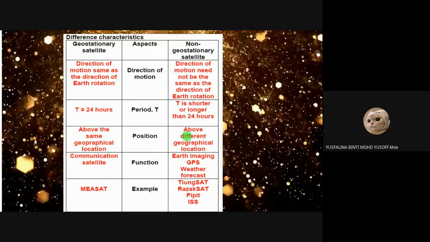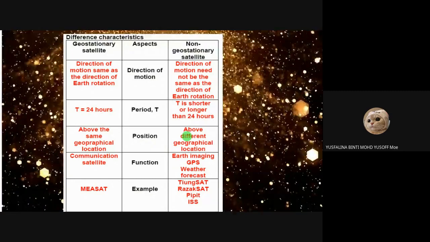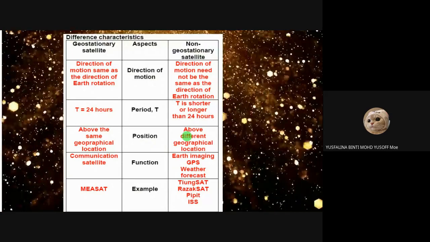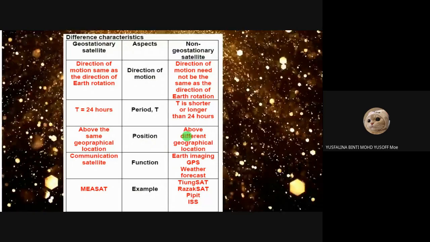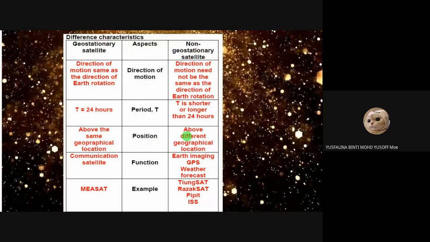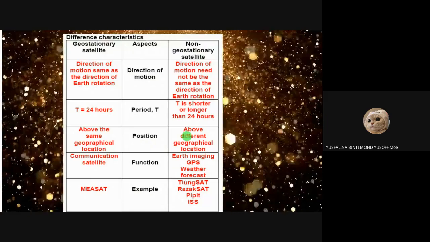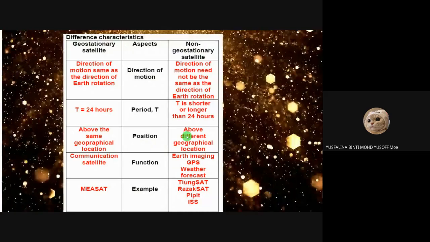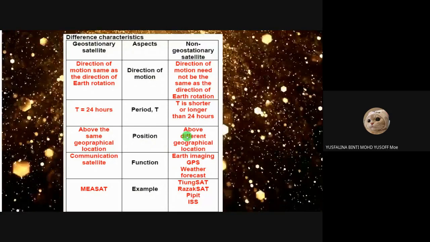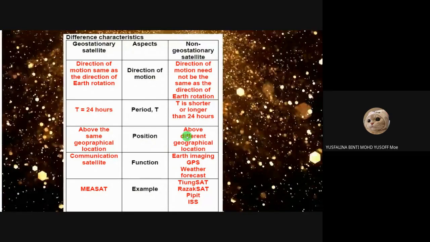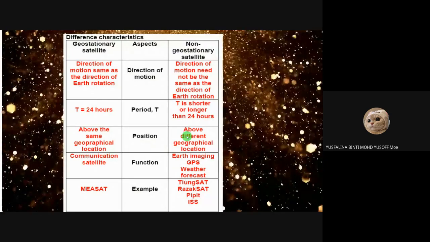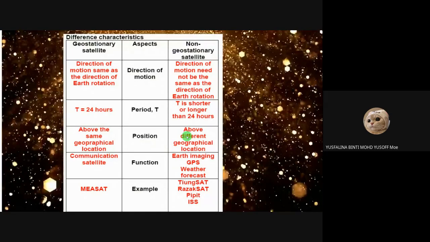For the position, the geostationary satellite is above the same geographical location. As I told you, if we launch it from Malaysia, it will always be on top of Malaysia and will not move to another location. But a non-geostationary satellite can move to another location. For example, the first time it is at Malaysia, then it moves to Indonesia.